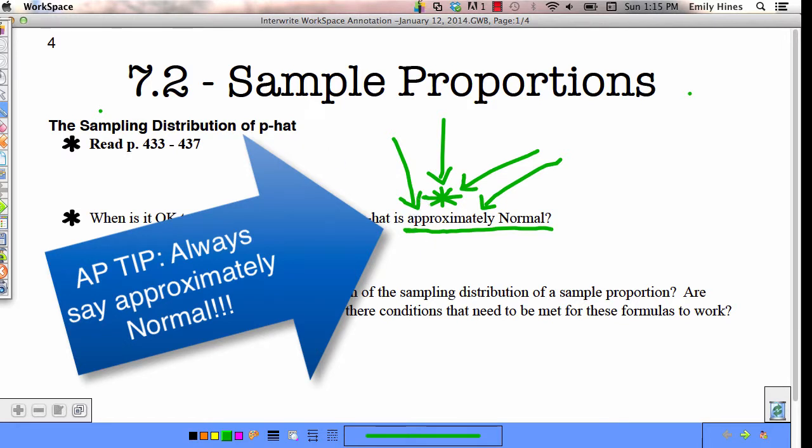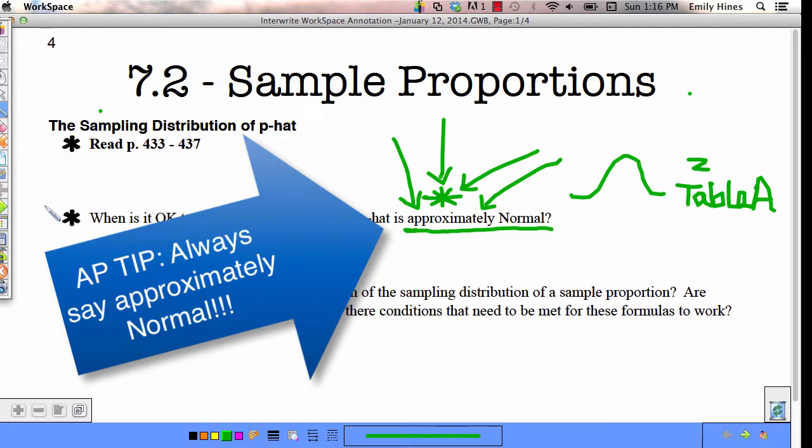But some of them will be approximately normal, which helps us out because whenever they're approximately normal, we know how to handle those. We draw a picture, do a z-score, and look at table A. And that will tell us everything that we need to know. So it's important to know when we can say that they're approximately normal.